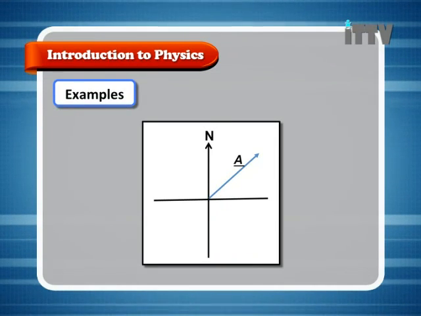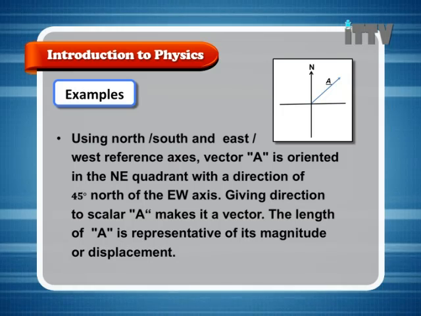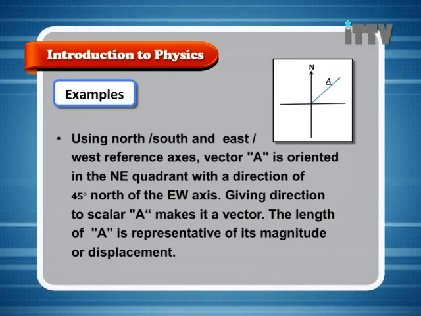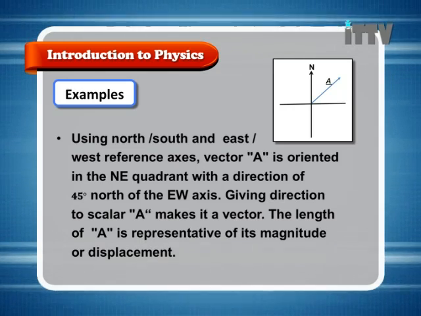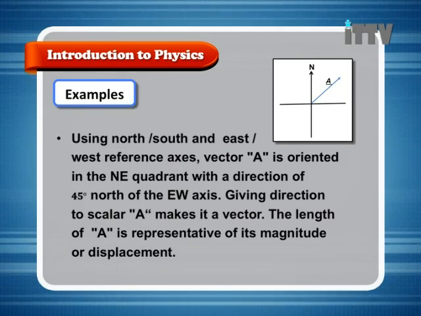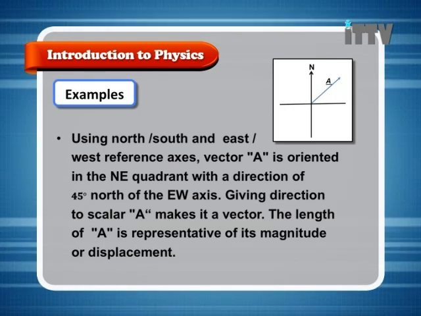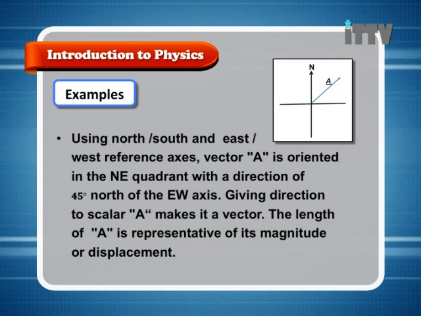An example of vector. Using north-south and east-west reference axes, vector A is orientated in the northeast quadrant with a direction of 45 degrees north of the east-west axis. Giving direction to scalar A makes it a vector.